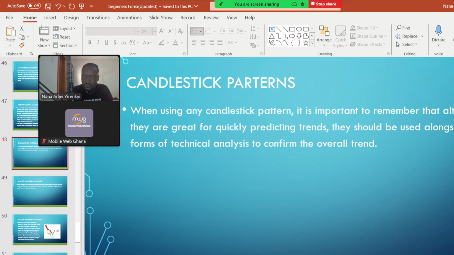All right, so we have the candlestick patterns that are important to identify or predict the trend of the market. So we have the bullish reversal pattern, and then we have the bearish reversal pattern. The bullish reversal pattern is used to identify bullish reactions on the market, and the bearish reversal patterns obviously are used to identify bearish reactions or selling opportunities in the market, right?